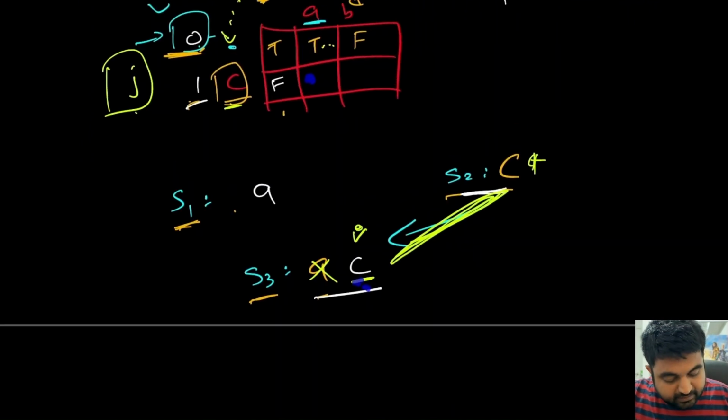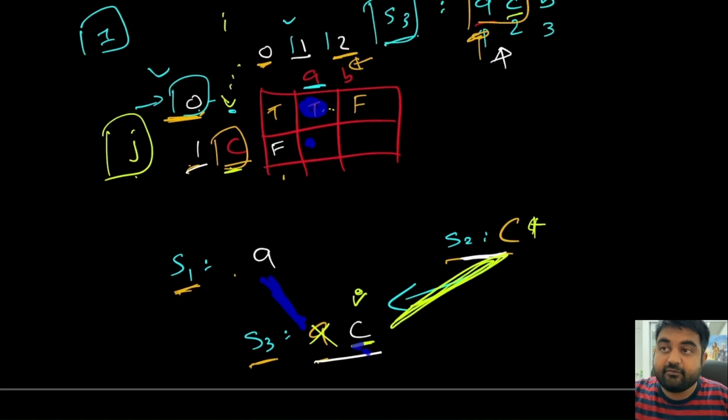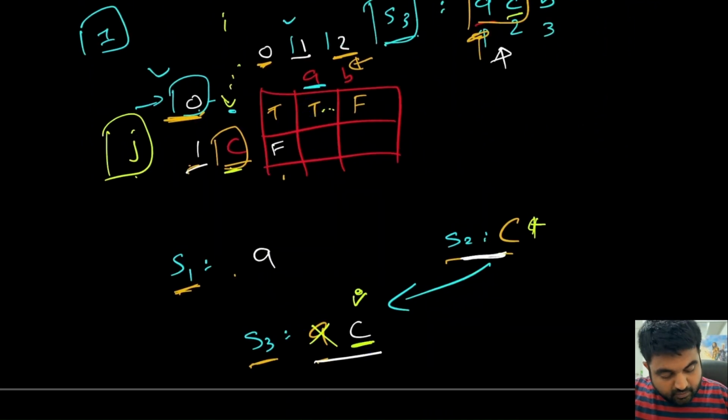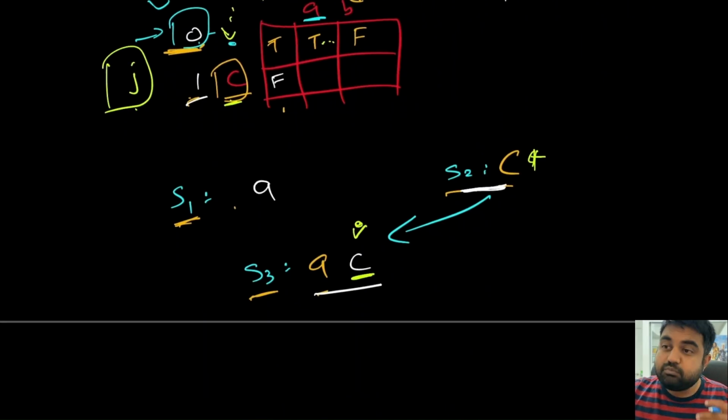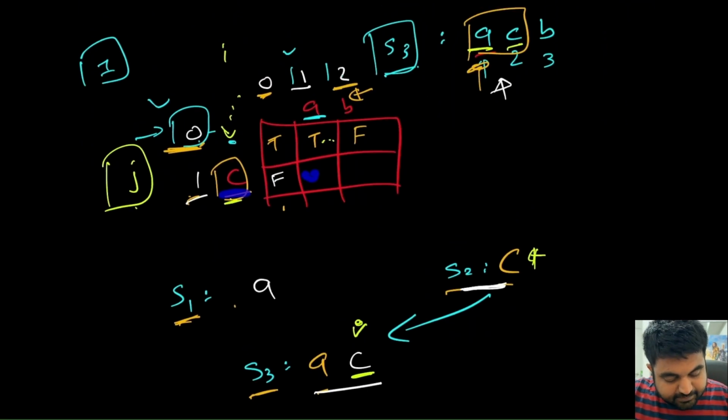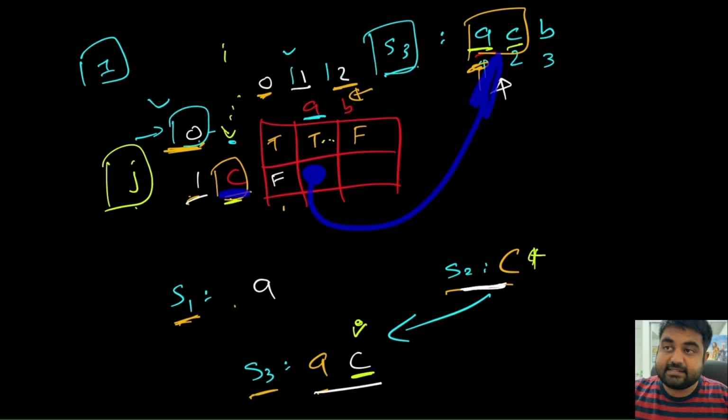Why? Because this character did not match, and if this character did not match, this value would have been false. So in this case, because this value was true, and this value was not X but actually A, only then can we say that there is any fruitfulness in this C currently matching with the subsequent value inside s3.